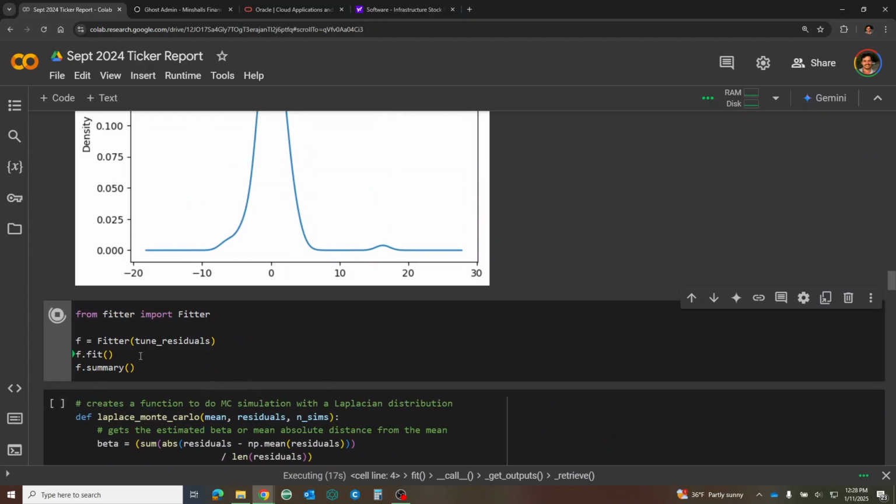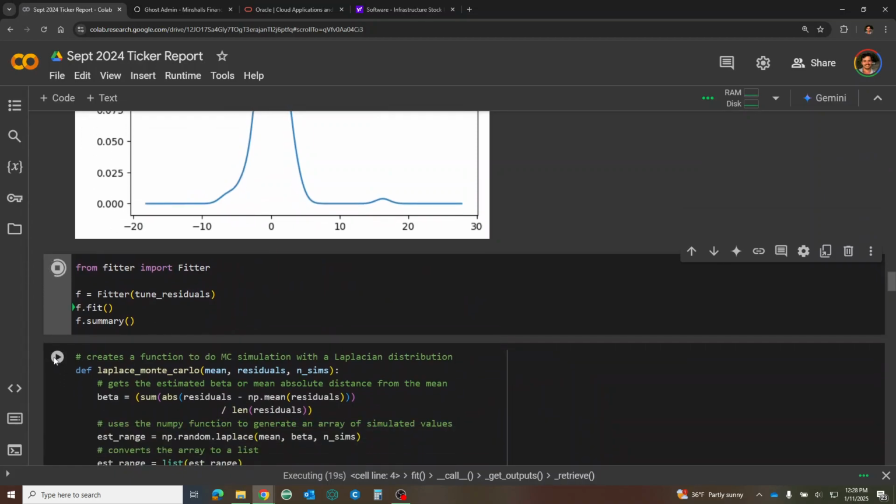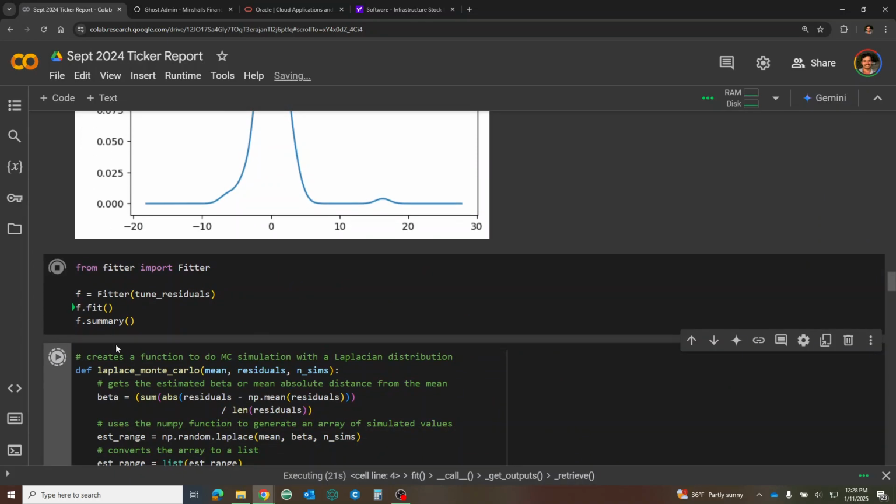That will make more sense when we get down there. I'm just going to start running that as soon as this is finished too. So this fitter and fit summary, the tutorial I was following admittedly used this, but the creator of it did not give me a very strong, what's the word?